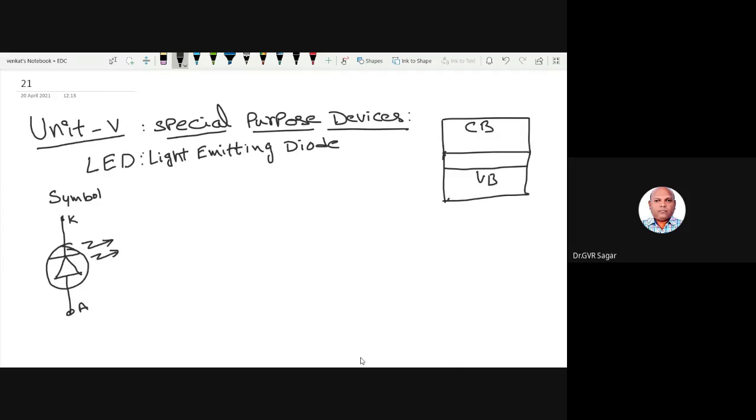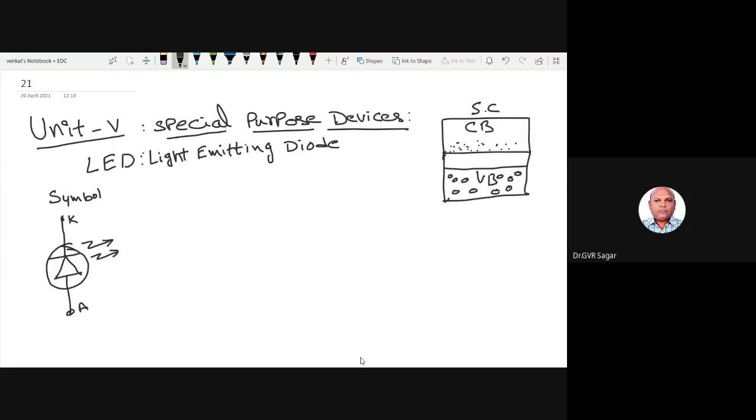This is a general semiconductor. If you take a p-type or n-type semiconductor, in the energy level diagram, in this band diagram, holes are here and electrons are here, is it not? Whether it is n-type or p-type, a special energy level is created.